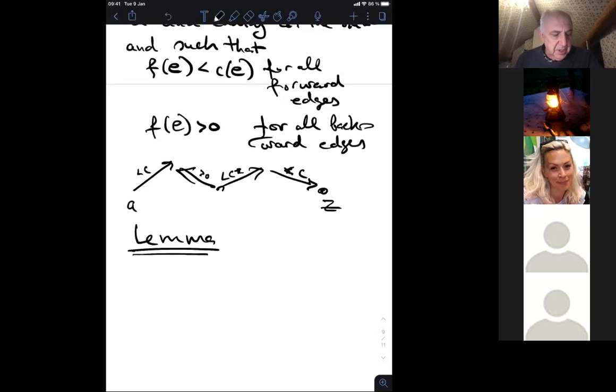Then there exists a cut whose capacity equals the value of the flow, and therefore the flow should be maximal, because we know by a lemma that the value of any flow is smaller or equal than the capacity of any cut. So then we will be getting a maximal cut.